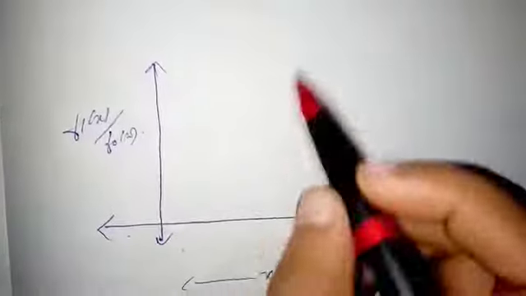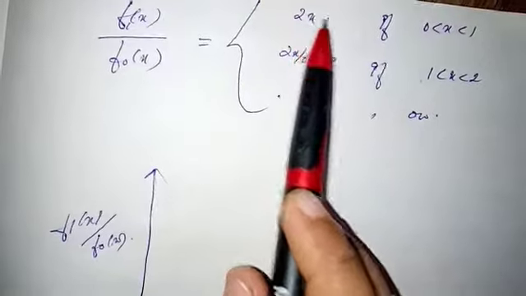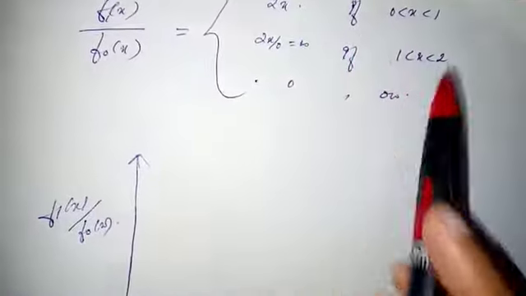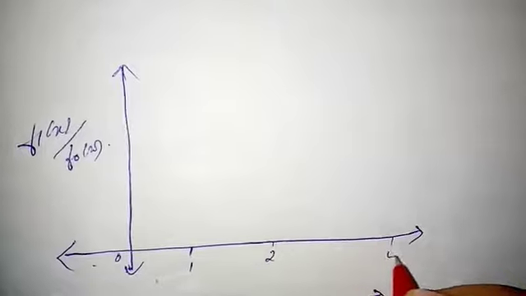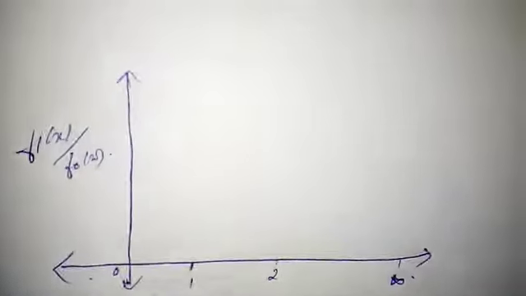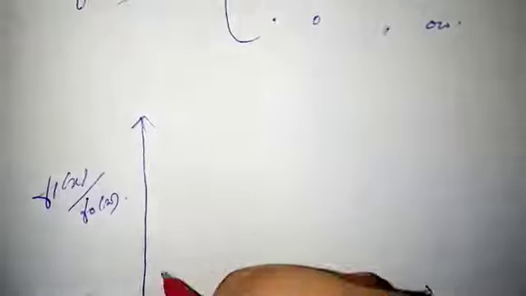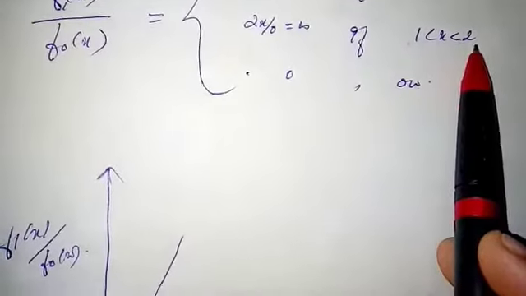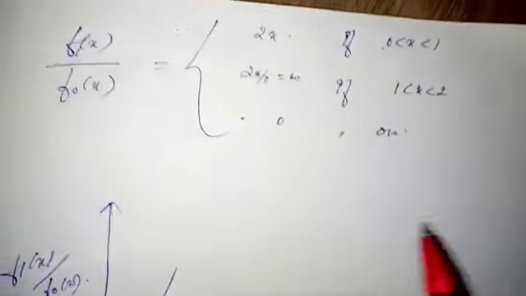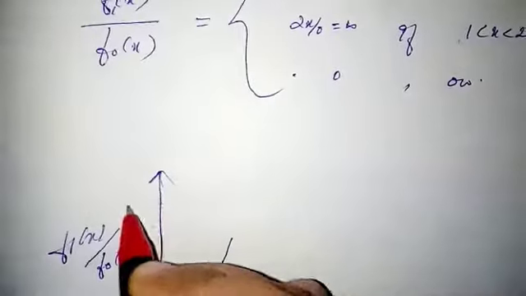We take the ranges 0 to 1, 1 to 2, and 2 to infinity. From 0 to 1 it is 2x, which means it is an increasing function. Then from 1 to 2 the ratio is infinite, a large value, so we take infinity.